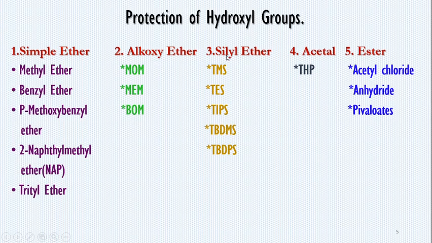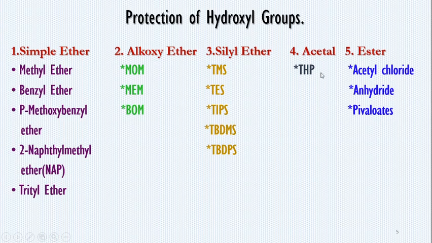In the case of silyl ethers, the alcohol is converted into first TMS, that is trimethylsilyl ether, then TES, that is triethylsilyl ether, or TIPS, that is triisopropylsilyl ether, TBDMS, that is tertiary butyldimethylsilyl ether, or tertiary butyldiphenylsilyl ether.